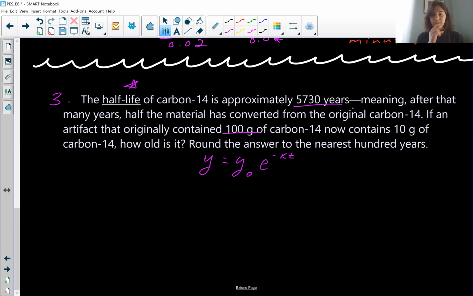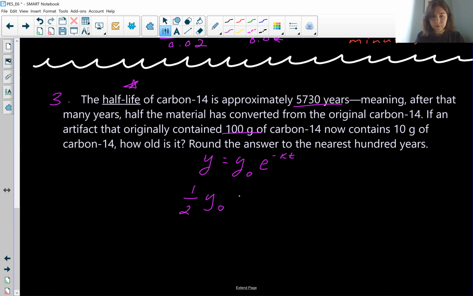The way to do that is to isolate t and plug in the 5,730 years for t to solve for k. In order to do that, we have to get rid of our y's, and we're going to do it this way.